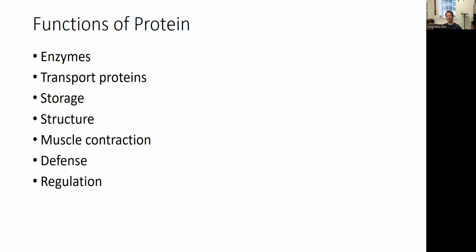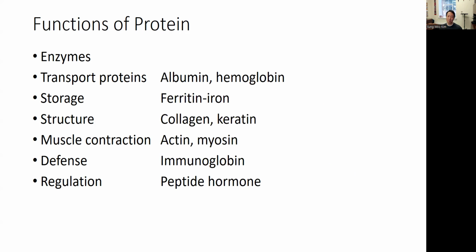And some proteins are used to transport nutrients, called transport proteins. If I show you examples here, albumin and hemoglobin are good examples of proteins transporting other nutrients. Albumin, as an example, will transfer fatty acids in the blood. Hemoglobin, as an example, will transfer oxygen in the body through the blood circulation.